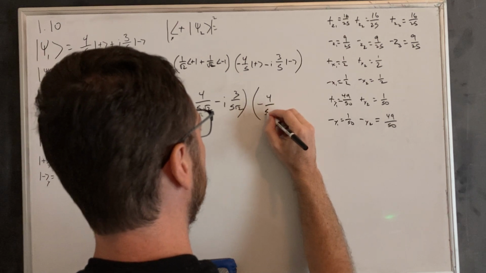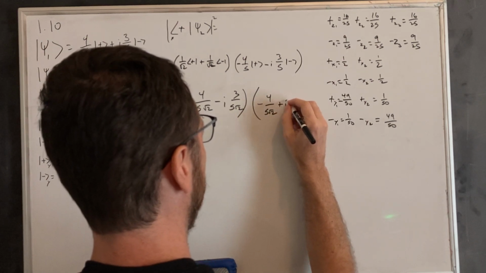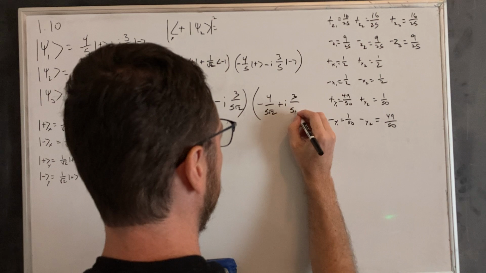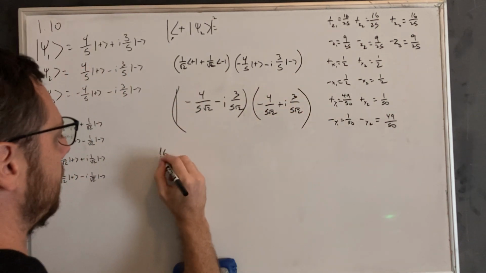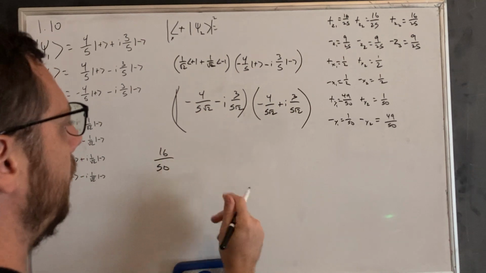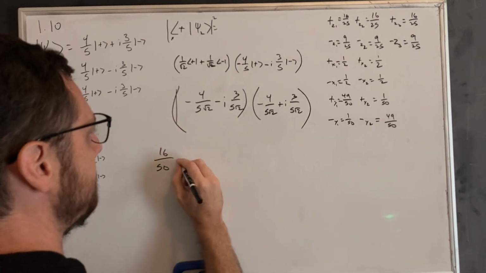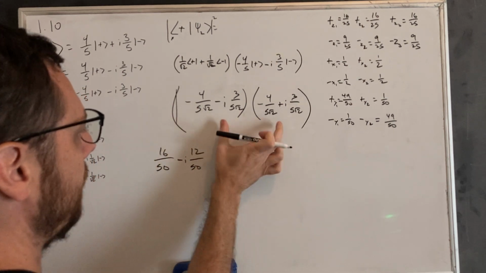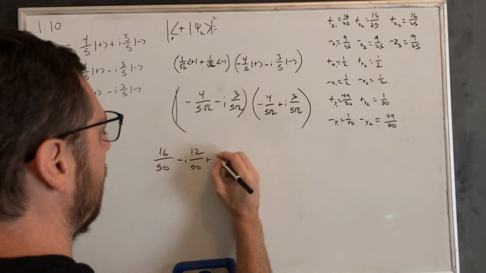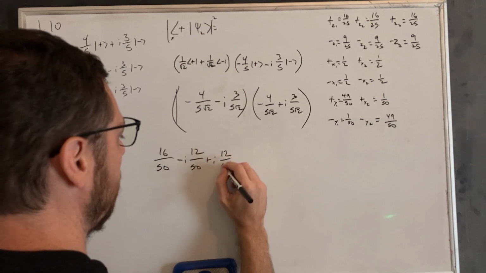4 over 5 root 2 plus i 3 over 5 root 2. And we'll FOIL this out. So we have a positive 16 over 50. We have a minus i 12 over 50. We have a plus i 12 over 50.